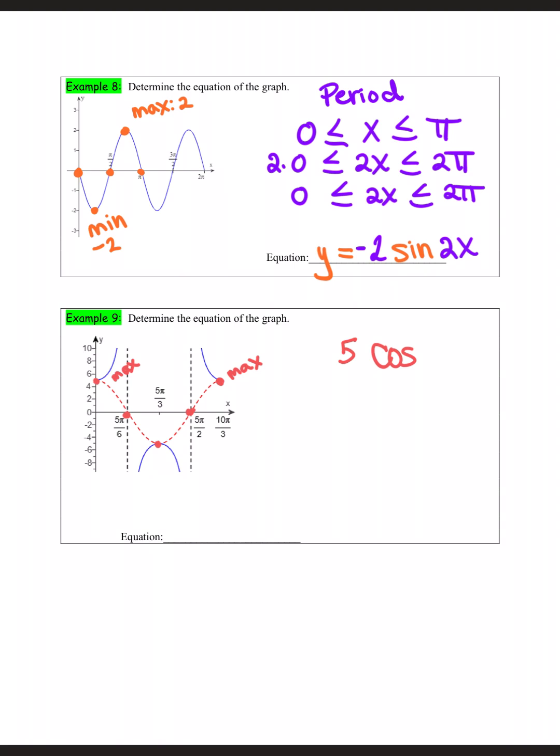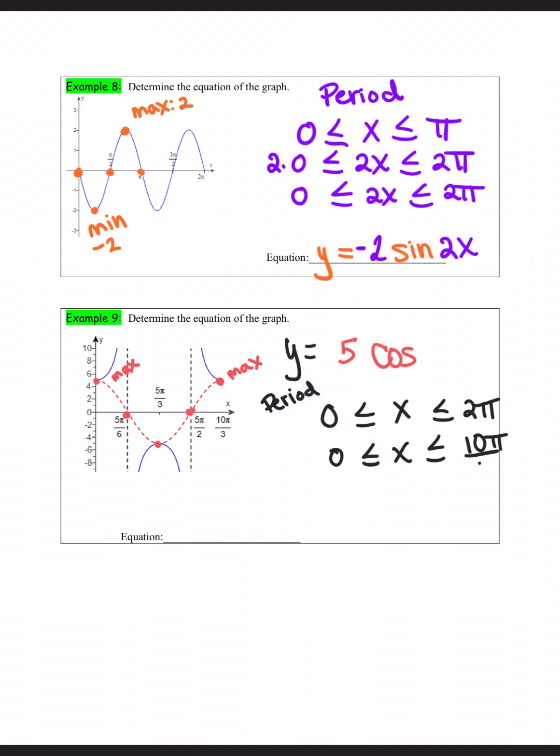Now, I need to make sure my period is correct. We know that the period for the cosine function is usually between 0 and 2 pi. But this particular one is between 0 and 10 pi over 3. I already have the 0 that I want, but I need to get 2 pi on the right side.